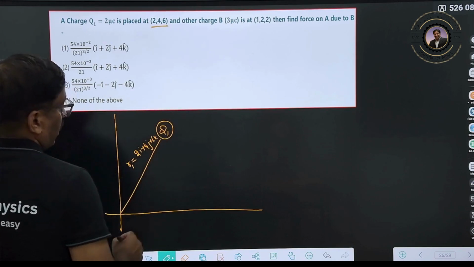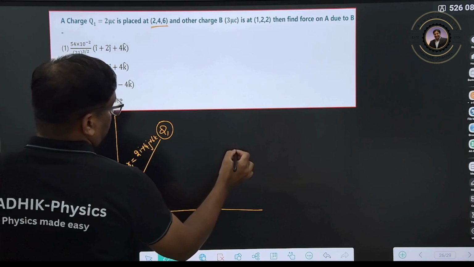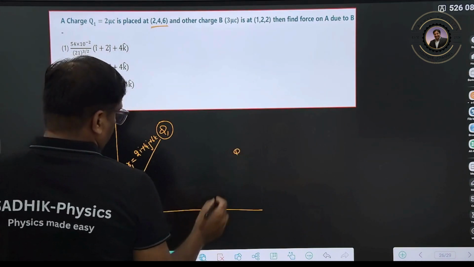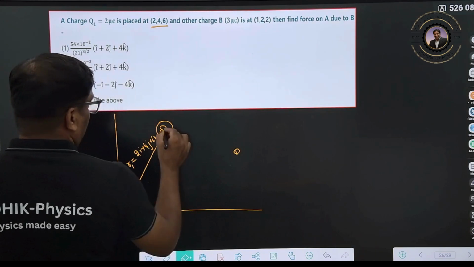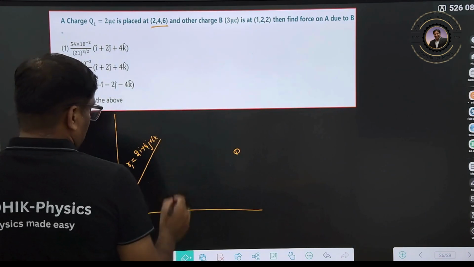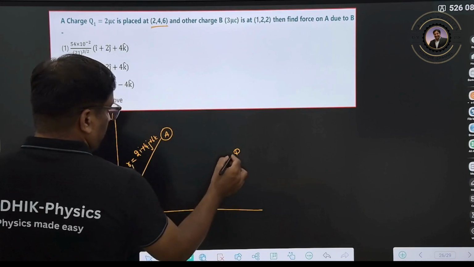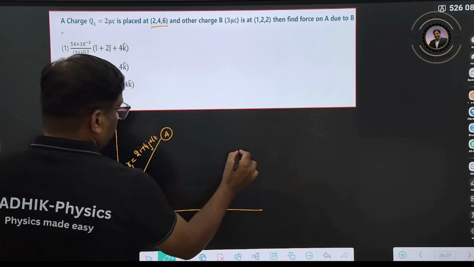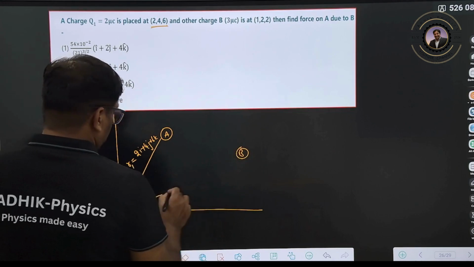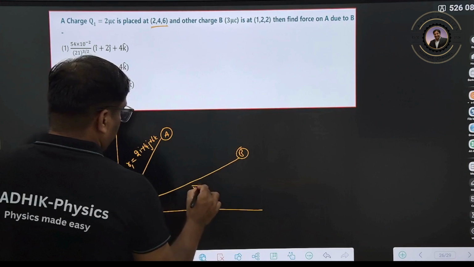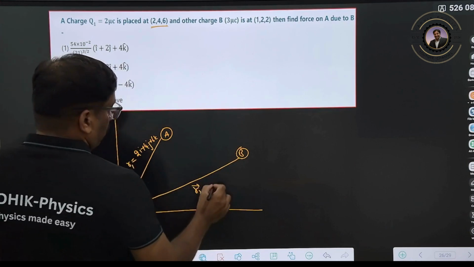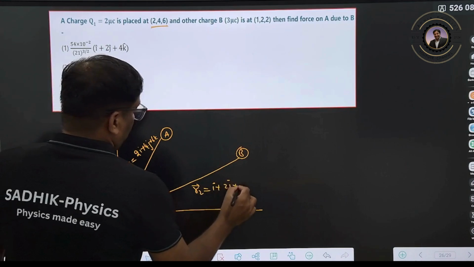And one more charge q2 is there; the first charge is A and this charge is B. Its position vector r2 is equal to i plus 2j plus 2k.